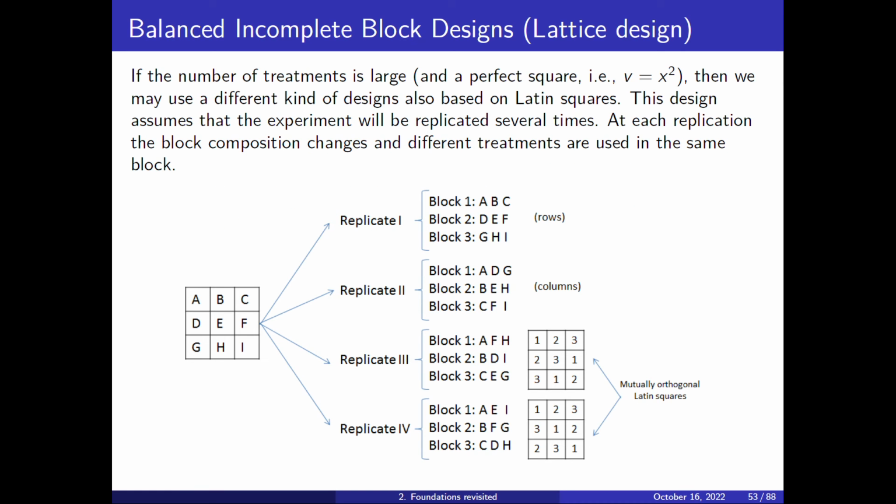And if the number of treatments is large, we may use a different kind of design also based on Latin squares. This design assumes that the experiment will be replicated several times, and at each replication the block composition changes.